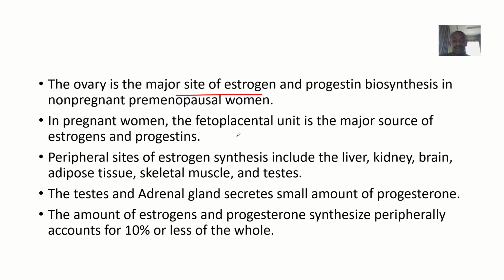The ovary is the major site of estrogen and progestin biosynthesis in non-pregnant premenopausal women. In pregnant women, the fetal placenta unit is the major source of what? Estrogens and progestins. Peripheral sites for estrogen synthesis include things like what? The liver, the kidneys, the brain, the adipose tissues, skeletal muscles, the testes, sorry, testes and adrenal glands secrete small amounts of progesterone.